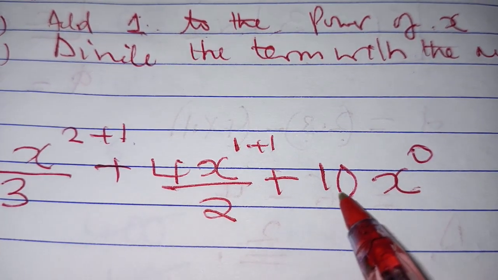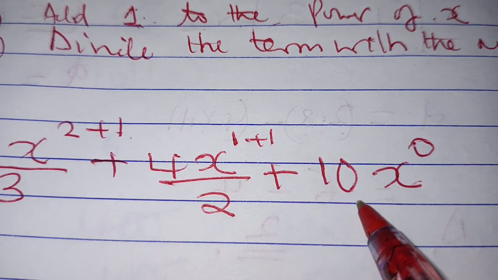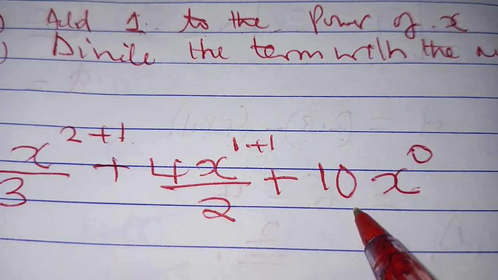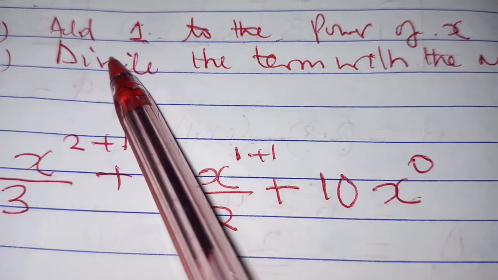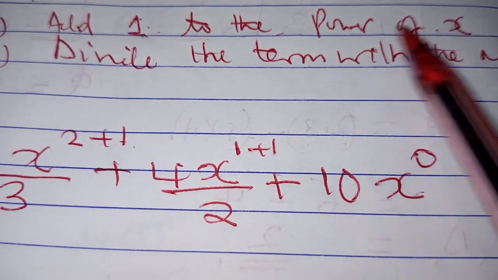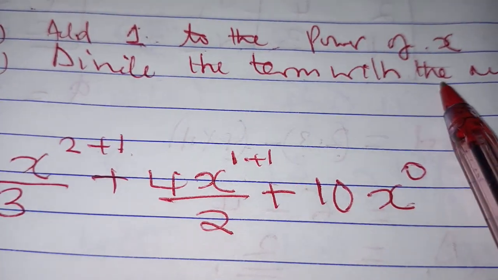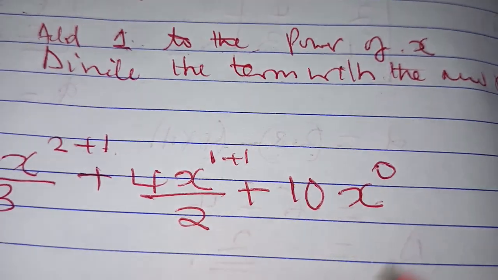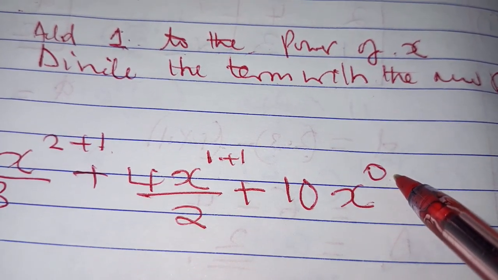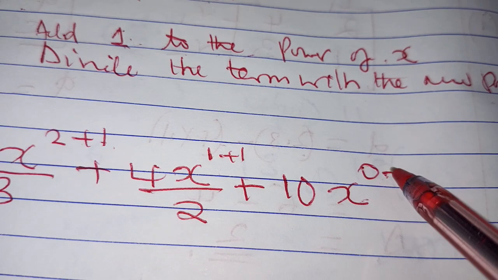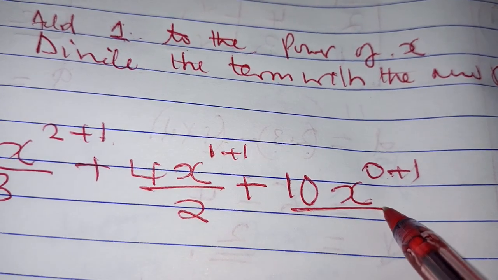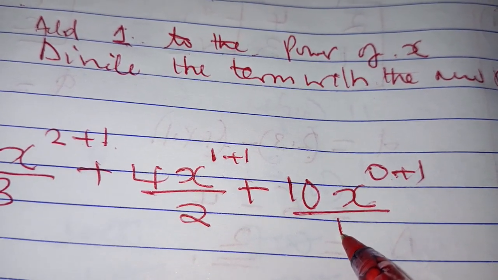That gives you 10. And therefore, when we follow our rule again, adding 1 to the power of x and dividing the term with the new power, it tells you it shall be 10x raised to power 0, you add 1, then you divide by 1.